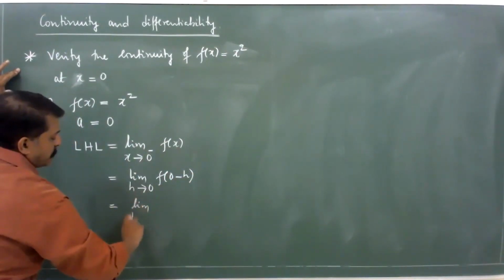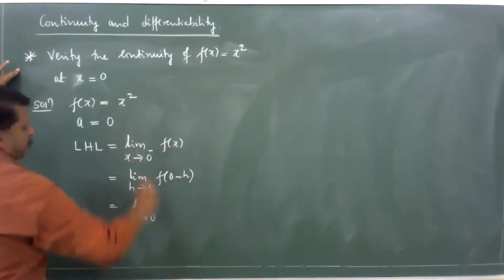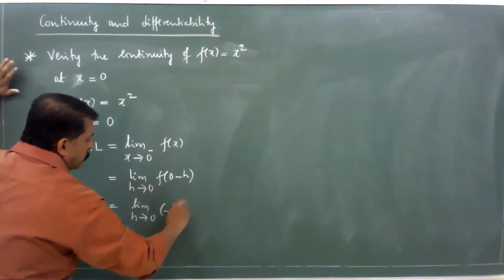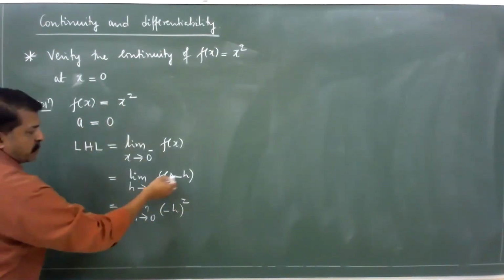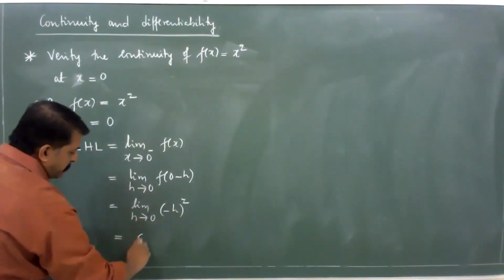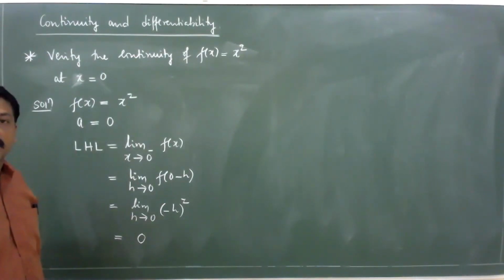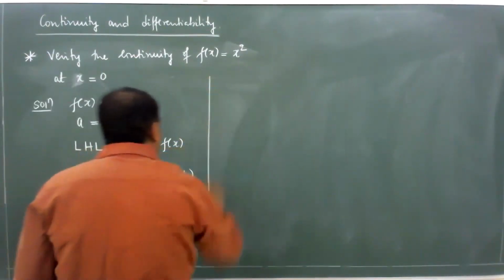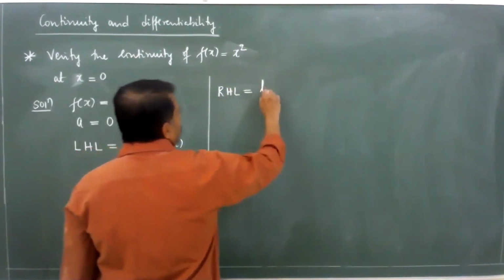What is f of 0 minus h? f of minus h is minus h whole square because our function is x squared. If you apply the limit, you get 0, as h tends to 0, minus h squared goes to 0. Now what should we do? RHL. What is our right hand limit?